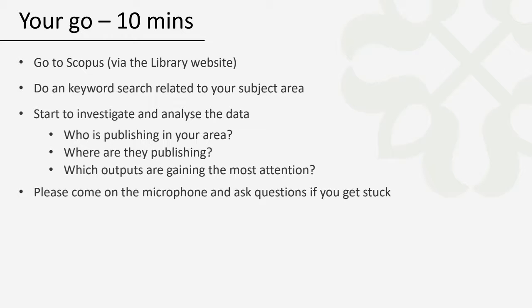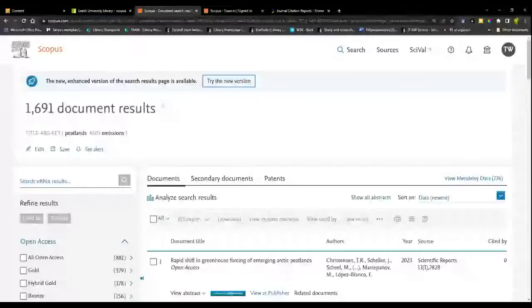Now, if this is per output, in terms of individual output, i.e. the articles within Scopus, let me just try to share my screen with you if it doesn't take too long. Hopefully you can see that now.